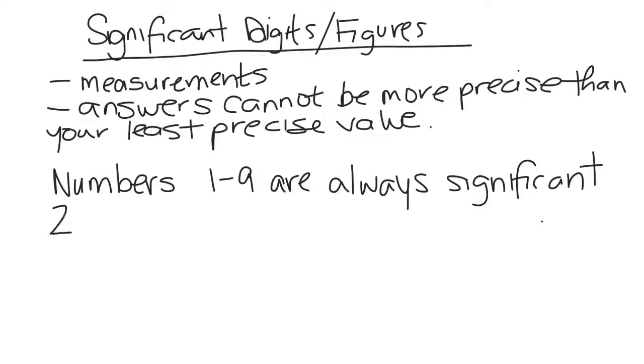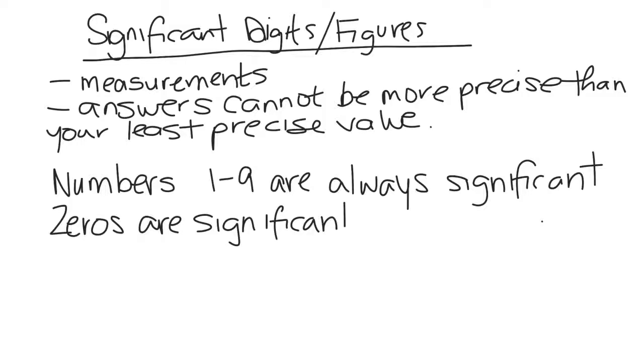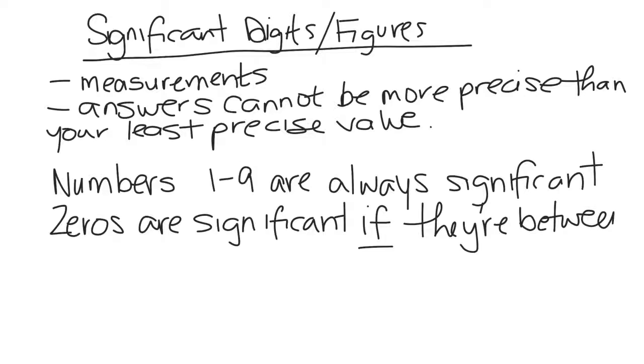Zeros are significant if they're between numbers 1 to 9.